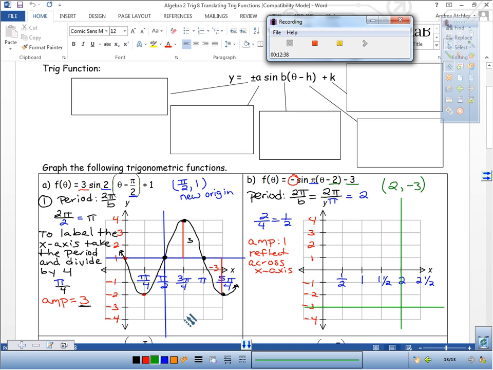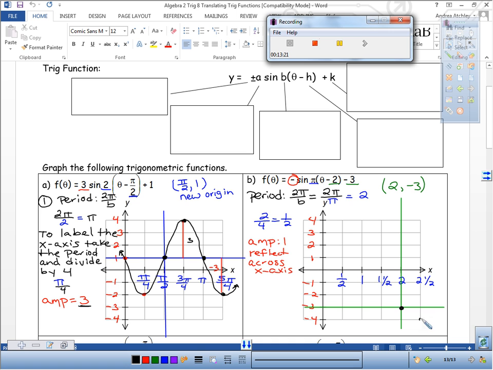So my y-axis is here, x-axis. And then we graph it. Okay. This is still same, so it still starts with the origin. Because it's reflecting across the x-axis, we go down to the negative amplitude.